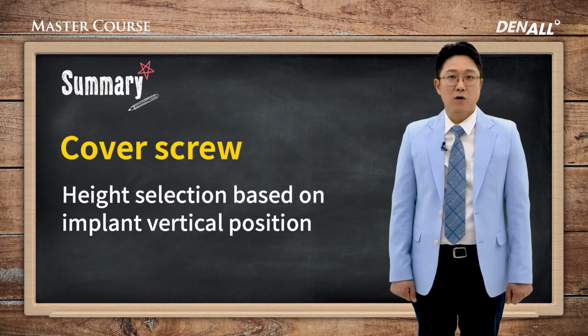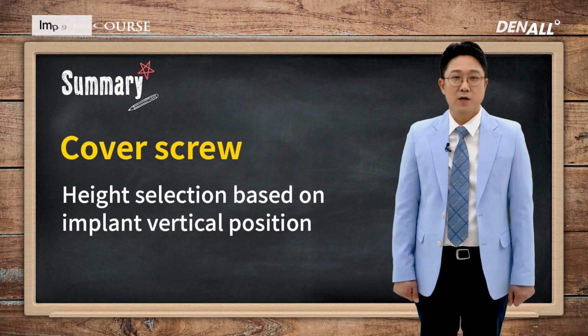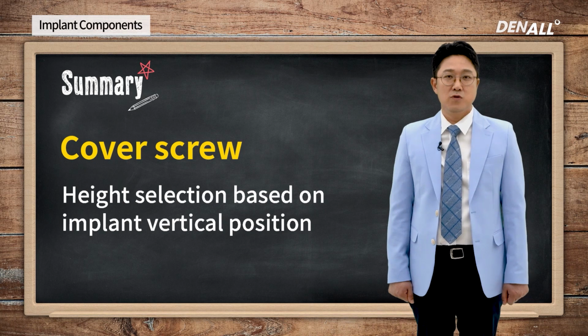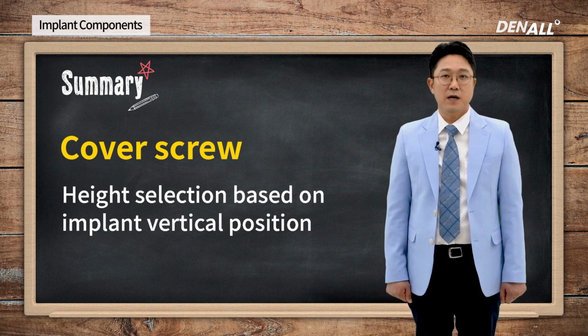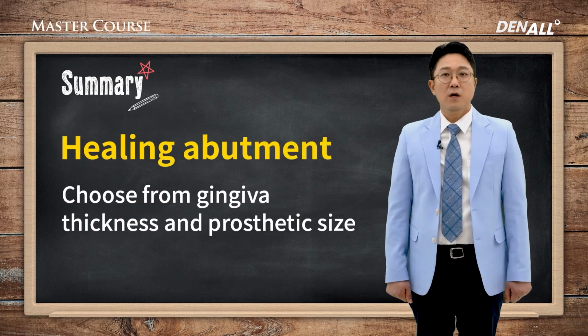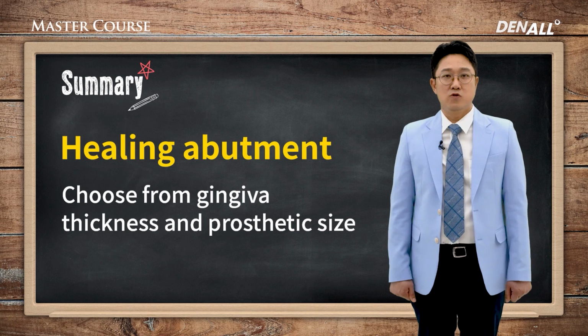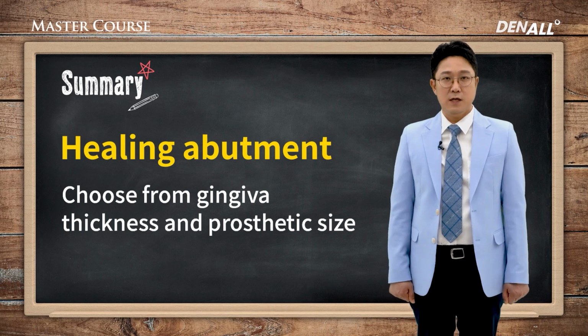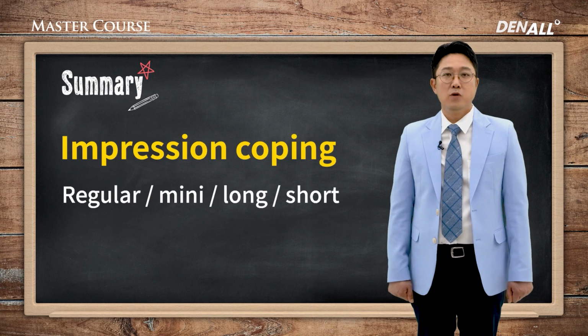During healing period for osseointegration, cover screw protects the internal structure of fixture, and depending on placement depths, there are different specifications related to cover screw. Please remember this. Healing abutment, which creates transmucosal hole, you need to choose accordingly with the gingival thickness and the size of the prosthesis to be fabricated.